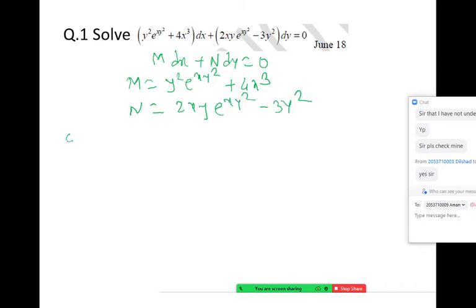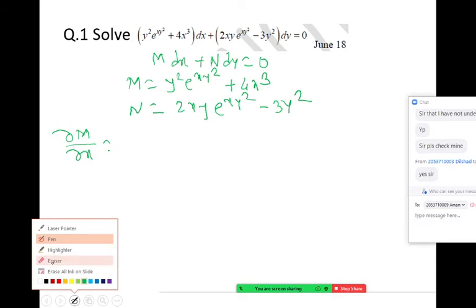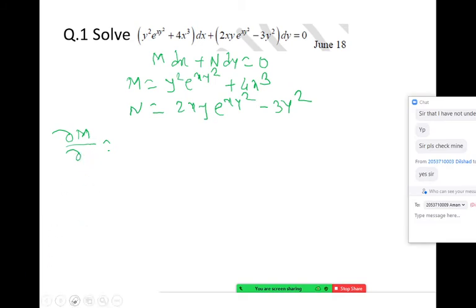So dou M by dou x, is it? No, sir, by dou y. Dou M by dou y we have to take. Yes, so you should be careful which derivative we require. So dou M by dou y we want. How to differentiate this? Obviously a product rule.